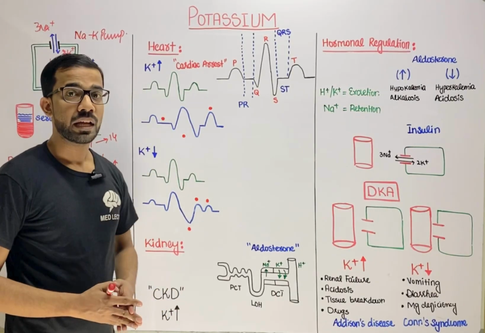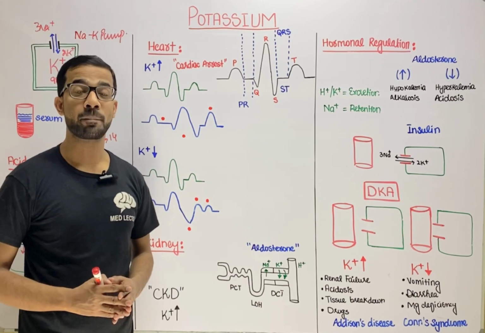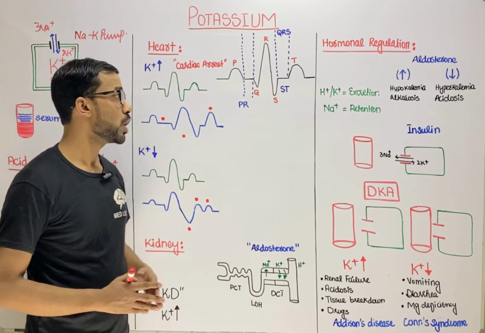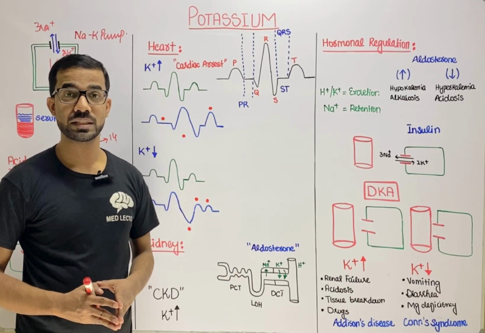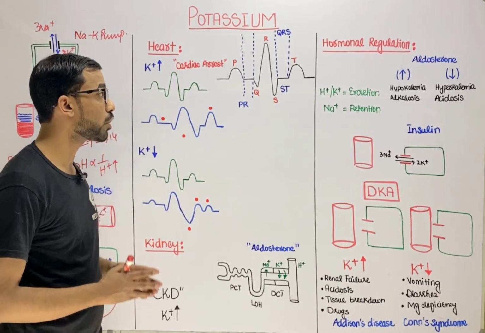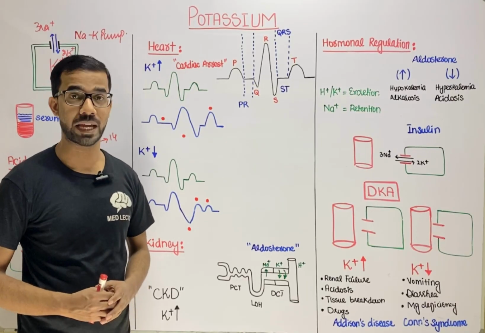Next, we will see what will be the effects on the heart in case of hyperkalemia and hypokalemia. So before discussing the different changes on the ECG, we will discuss the normal ECG. So in the normal ECG, you will see the three most important waves and the three most important segments.